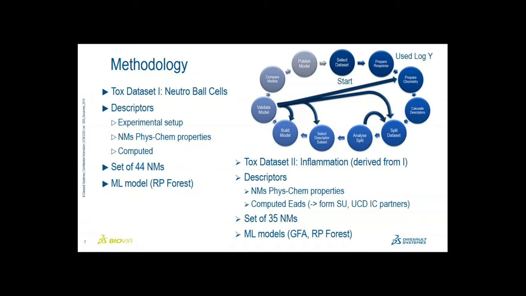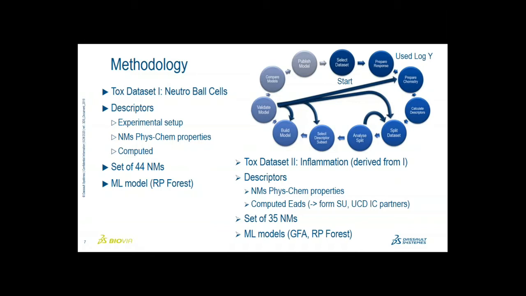So that's the first large data set, and the second, which I call the inflammation data set, is really derived from the first one as it's normalized by the experimental setup. As a given, I will show you the sacrifice days and the dosage.